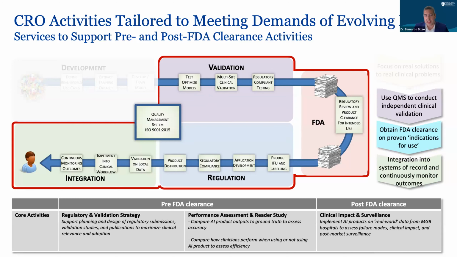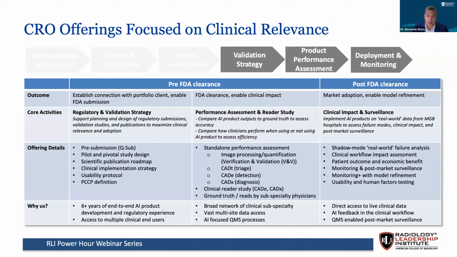The CRO assists with the go-to-market strategy, including clinical studies to support an FDA submission and implementation for clinical impact assessment. I won't get into all the details of this slide, but it serves as an example of the type of activities that happen at this point of the AI journey.